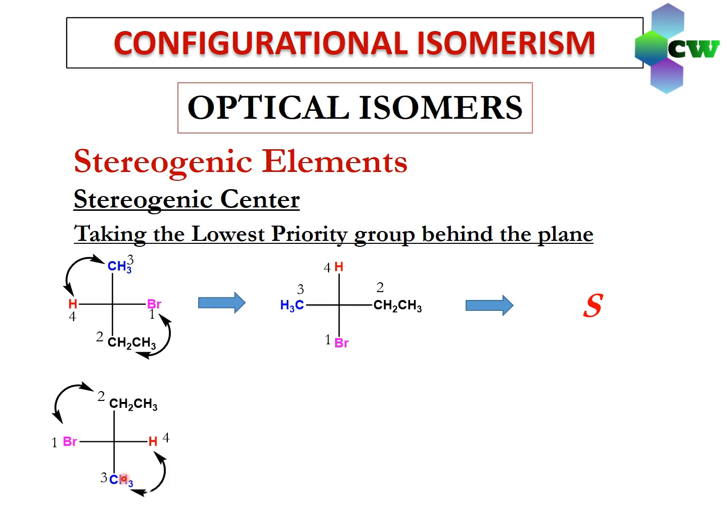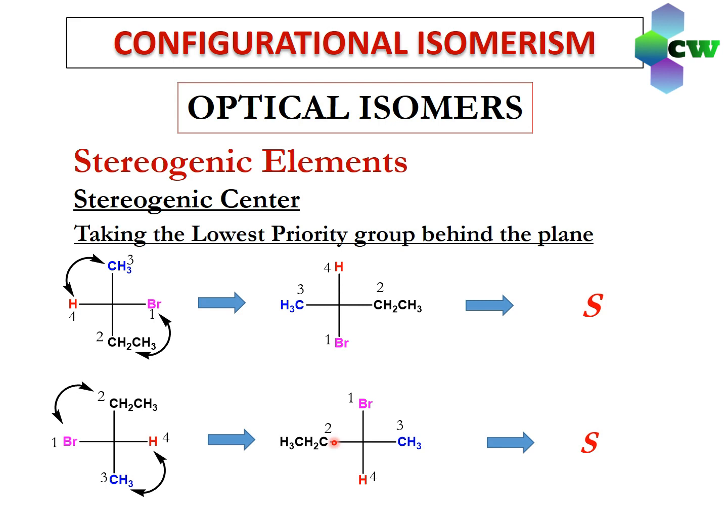It doesn't make any difference. So you exchange Br with this, H with CH3, and this is how it looks. So now H again is on the vertical axis, meaning it is behind the plane or away from you. And again, from 1 to 3 we are moving anti-clockwise. So the absolute configuration again is S.